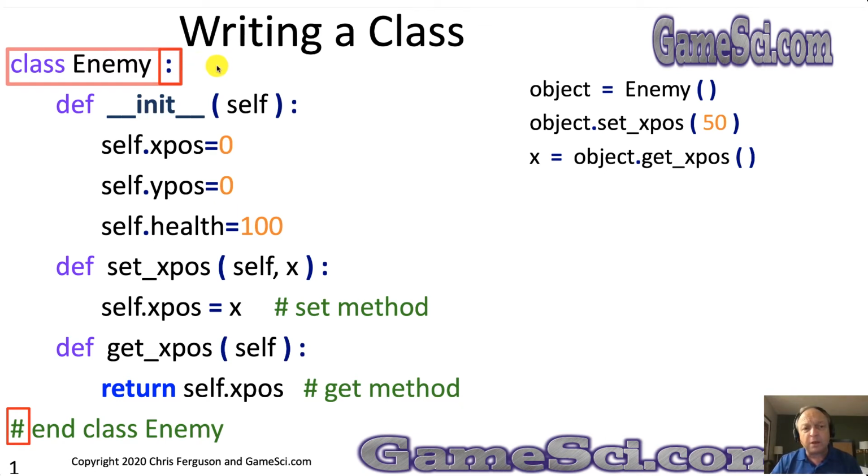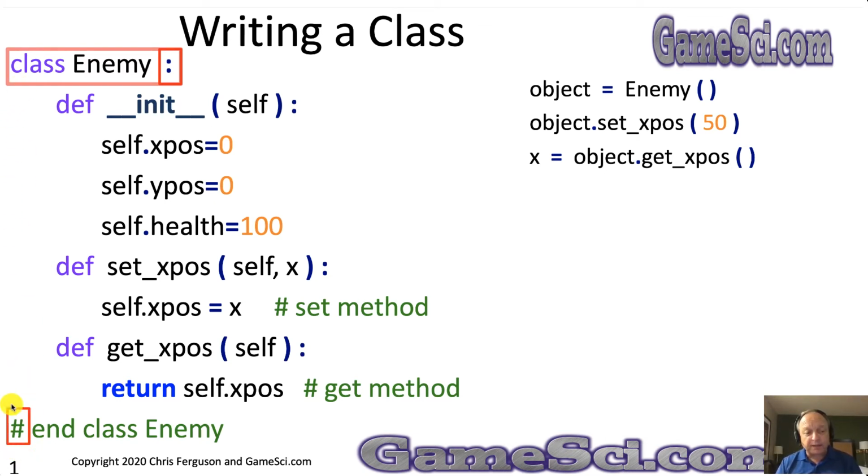Whenever you develop code that has to be indented, it will be preceded with this colon. This colon says we are going to indent the code below, and everything indented below will be part of the class enemy. As soon as the code reaches a point where it is not indented, that's the end of class enemy.